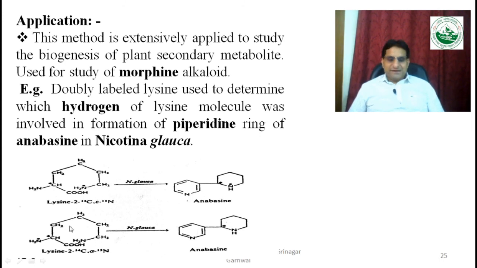Whereas in the second case, when we label the second amino group's nitrogen with 15 nitrogen and another carbon with 14C, in that case we will find that in the piperidine ring of anabasine only the carbon atom is participating, this radioactive carbon, not this nitrogen atom.